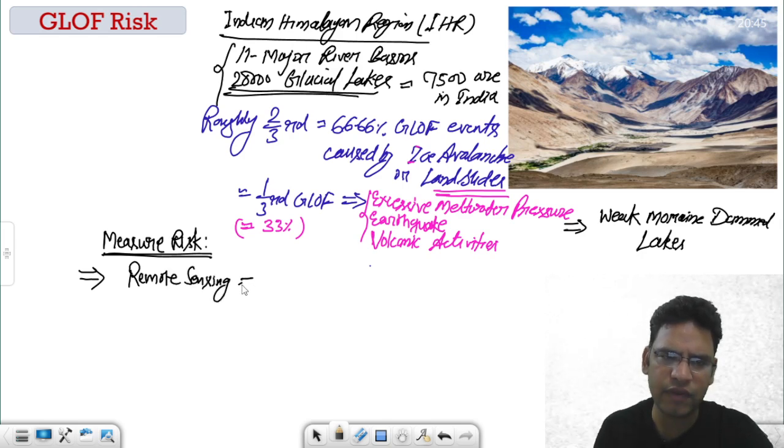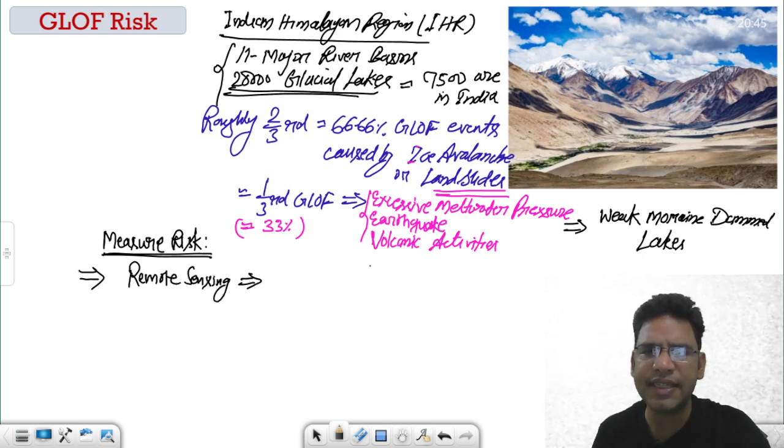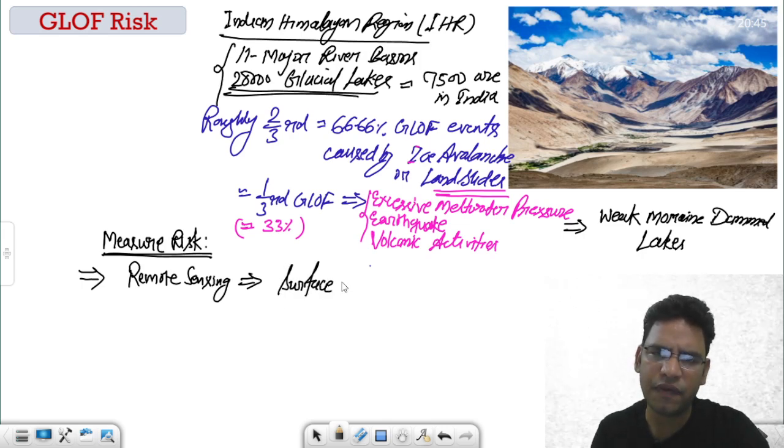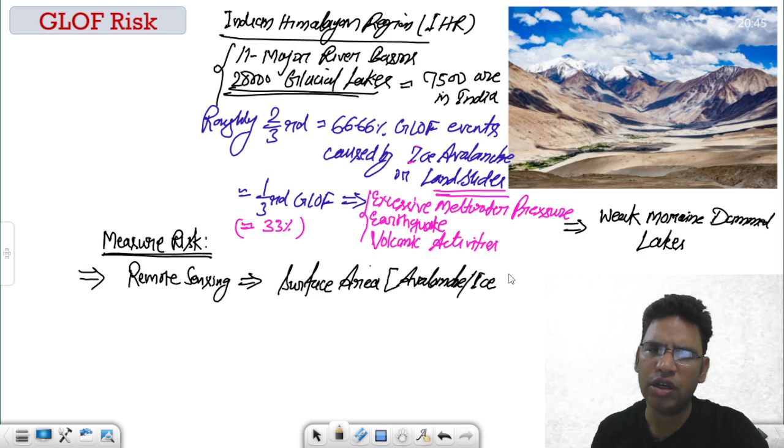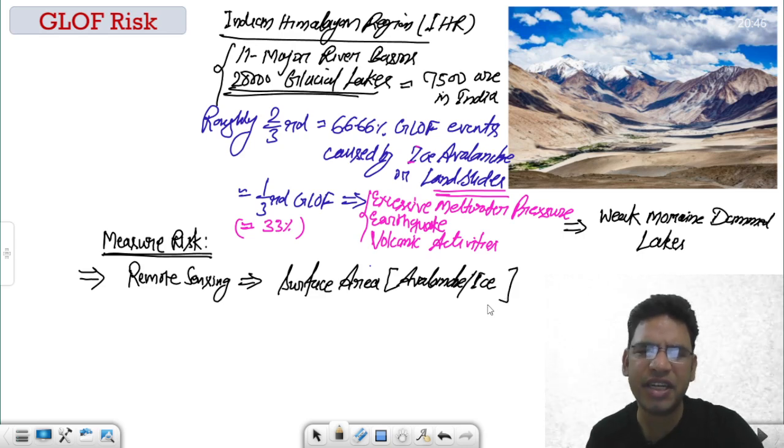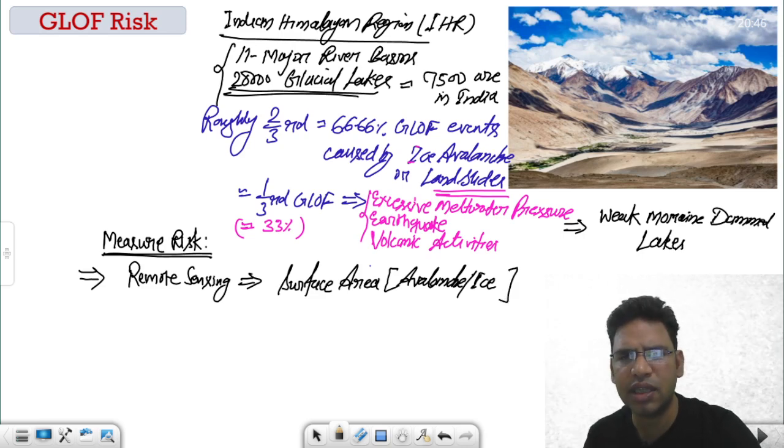Remote sensing, and with the help of remote sensing, surface area can be measured. So the surface area for these avalanches, or maybe for this ice, ice-capped regions can be measured, right? Remote sensing is one thing, right? And it is done because it can be done over a period of time, right?